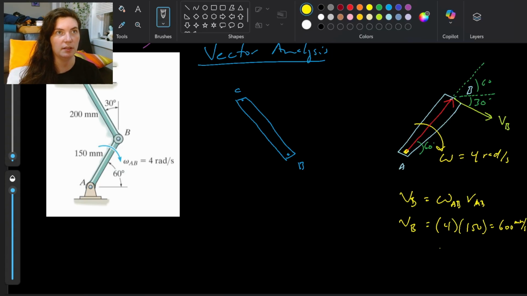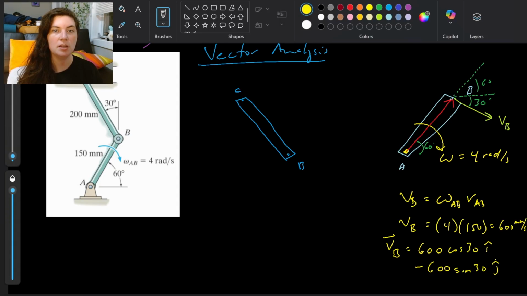The vector VB is going to be 600, in the positive x direction, so 600 cosine 30 i hat, and then in the negative y direction, so minus 600 sine 30 j hat. That gives me my vector in Cartesian form.